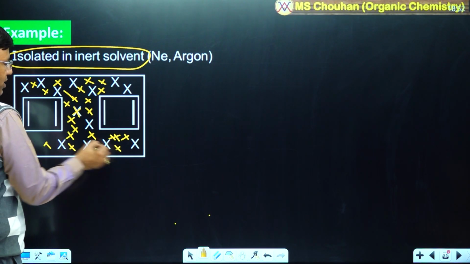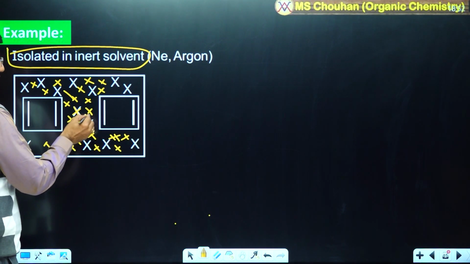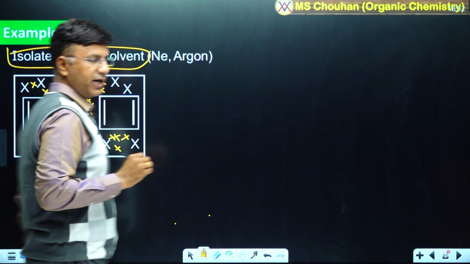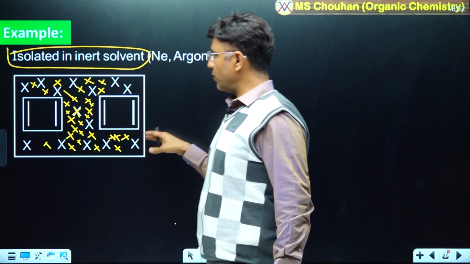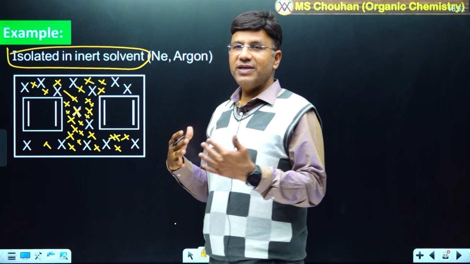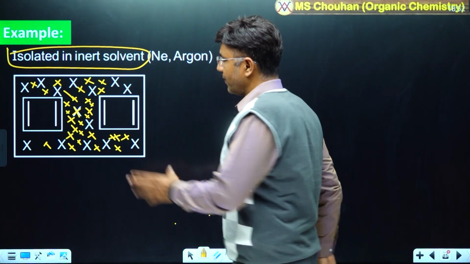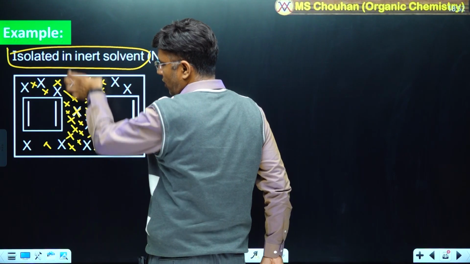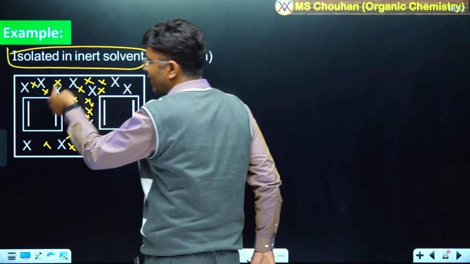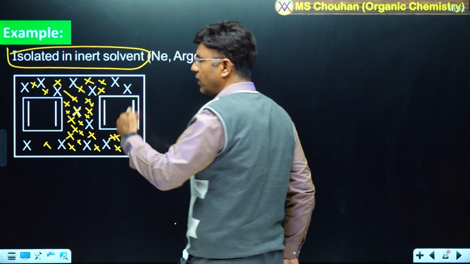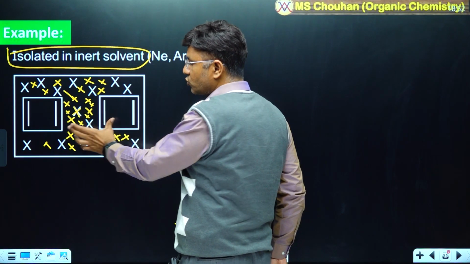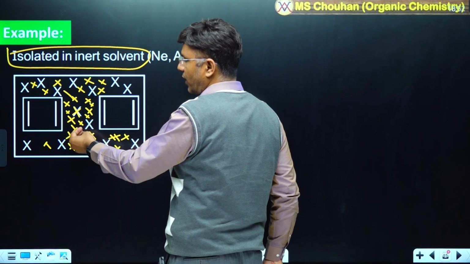It will not undergo dimerization in inert solvent. Now what happens in inert solvent? These are anti-aromatic molecules. Inert solvent means it will not react and solvent means of high concentration. So what happens when there is a lot of inert solvent, it will not react with anti-aromatic molecule.